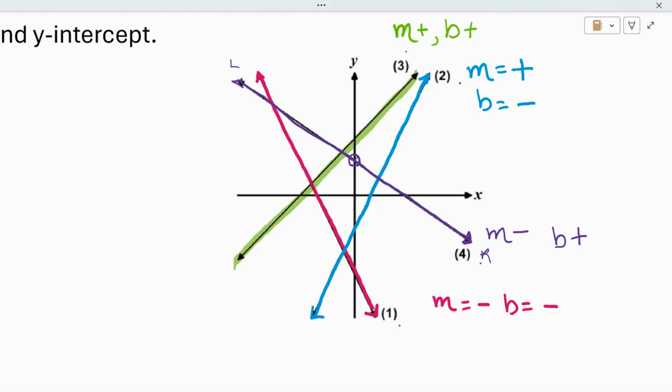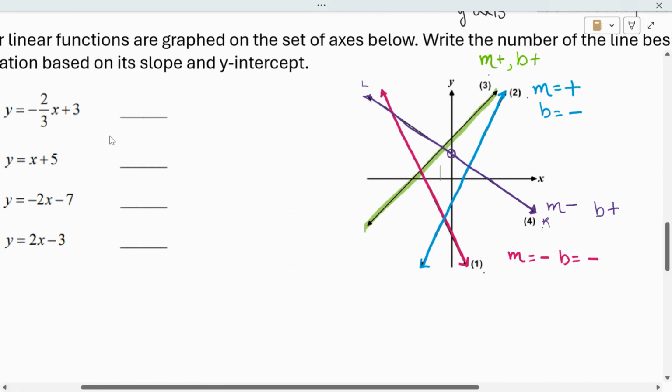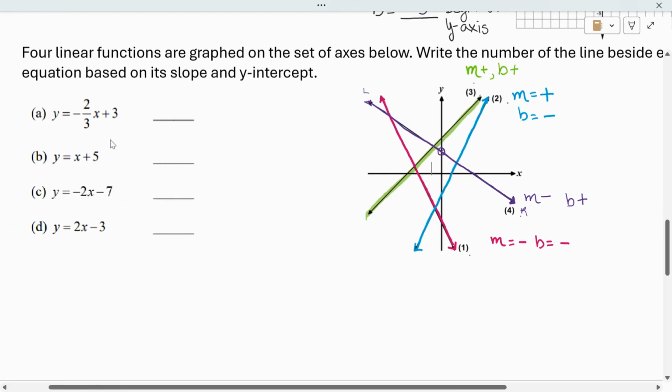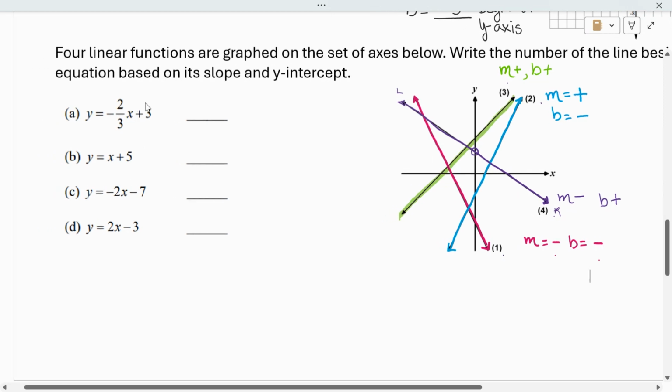Okay. So now we can actually match up the equations to the graphs. So I'm going to go back to graph number 1. And I'm looking for an equation that has negative slope and a negative y-intercept. What equation there has negative slope and a negative y-intercept? C, negative slope and a negative y-intercept. So this is graph number 1.